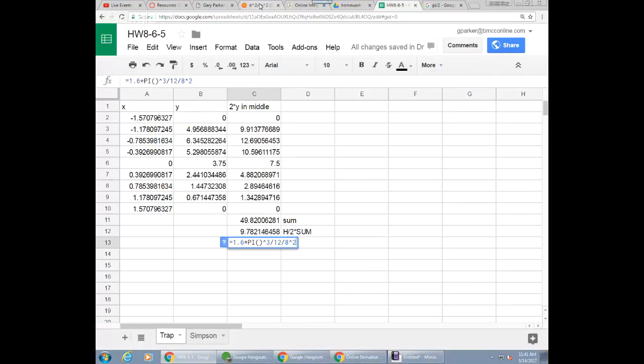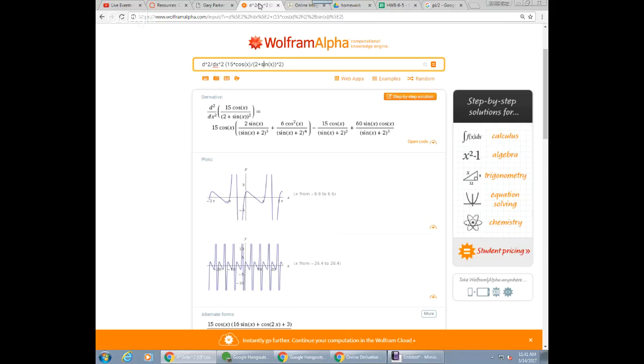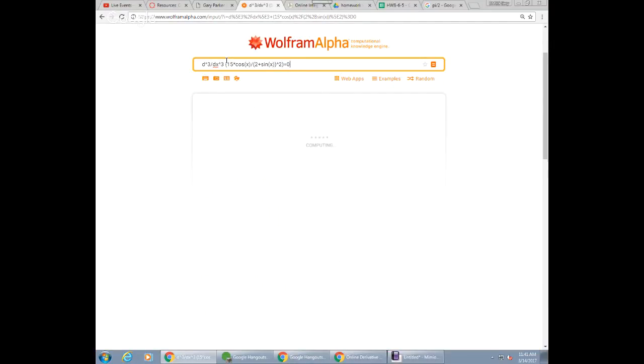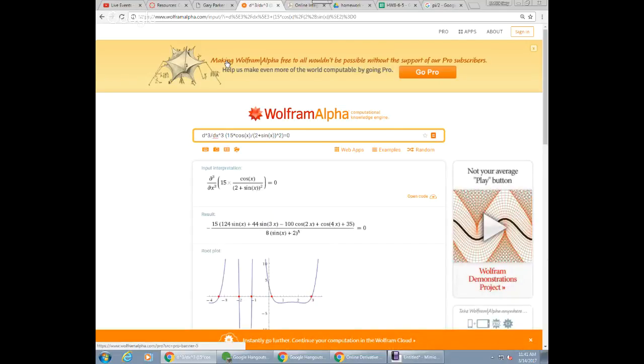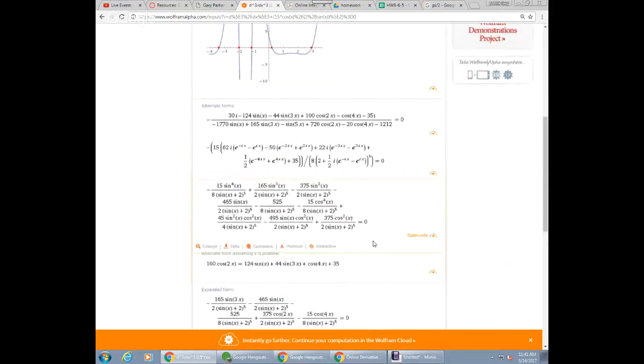I'm just going to double check with Wolfram Alpha. If I take the third derivative and set it equal to 0, it will give me critical points for the second derivative. Maybe. It'll just give me an approximation somewhere on here.